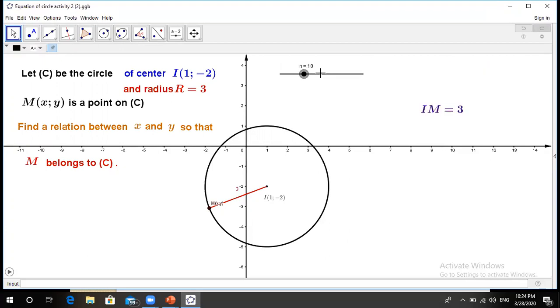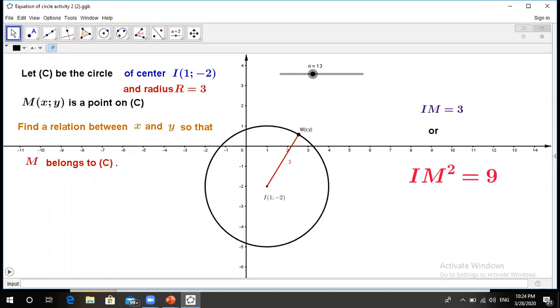Solution to that, as we mentioned, we need to write a condition which is always true. As M varies on the circle, the distance MI remains constant, equal to the radius 3. So if IM is 3, then we can say that IM squared is 9.